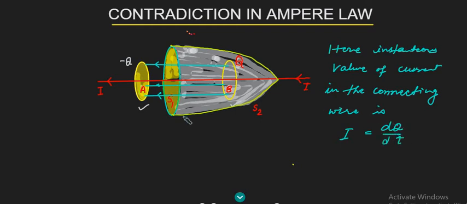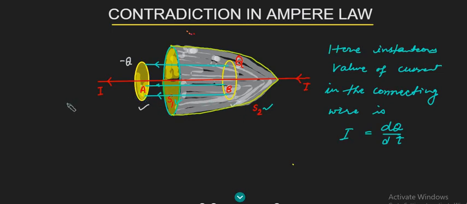And let us consider there are two surfaces, surface S1 and surface S2. This is surface S2 and this enclosed part is surface S1, bounded by a closed path inside the capacitor.